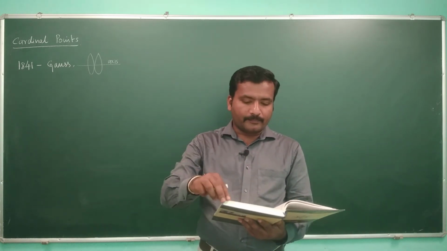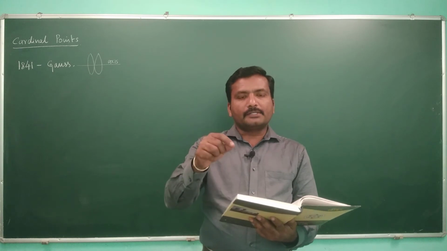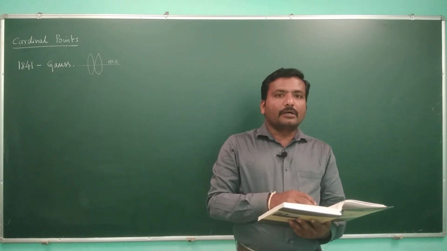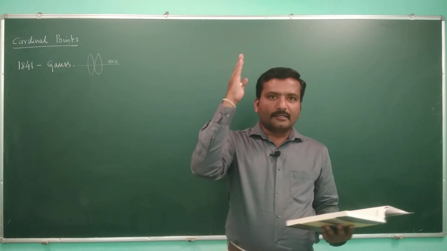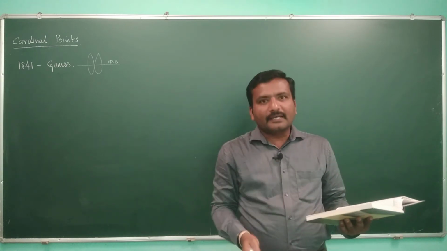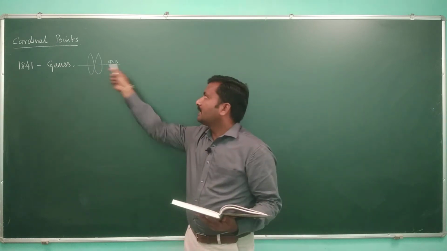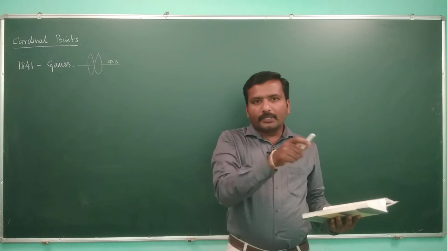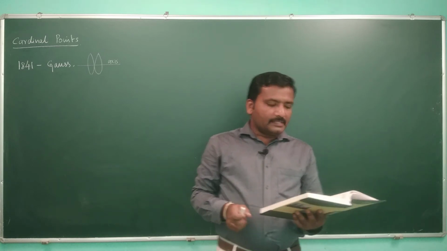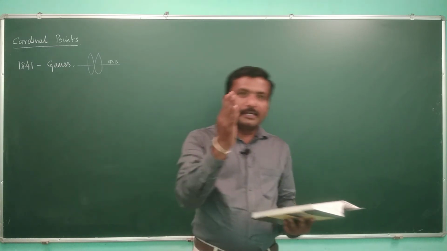Those points are classified as cardinal points, and the plane of intersection of those points with the optical axis, perpendicular to the optical axis, is classified as corresponding planes.